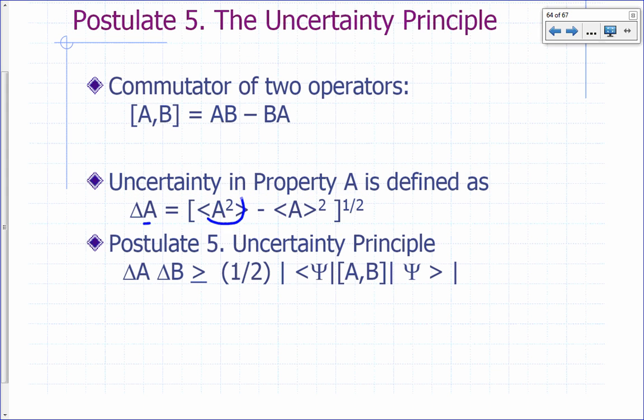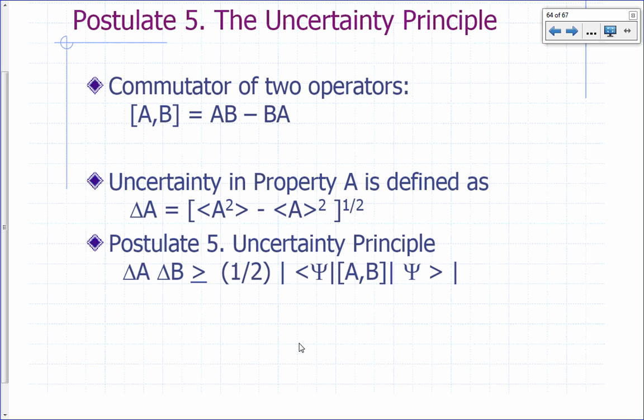This is the average or expectation value of A squared minus the average or expectation value of A, squared, and then you take the square root of the entire expression. That's the uncertainty. If you've had some statistics, you'd recognize that that's just the square root of the variance. That's really just a standard deviation.